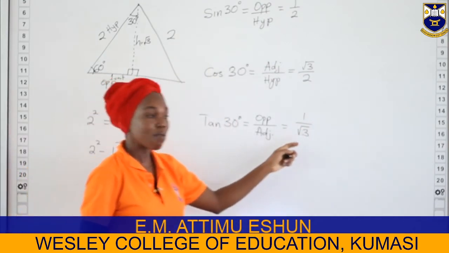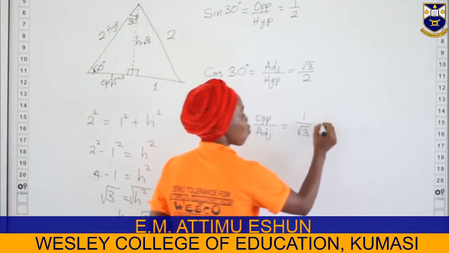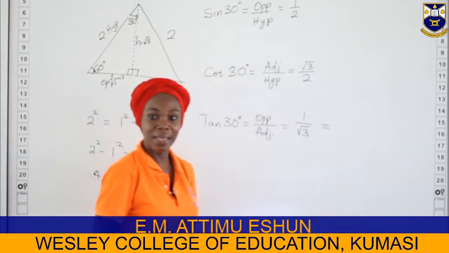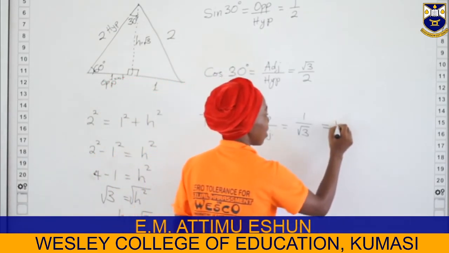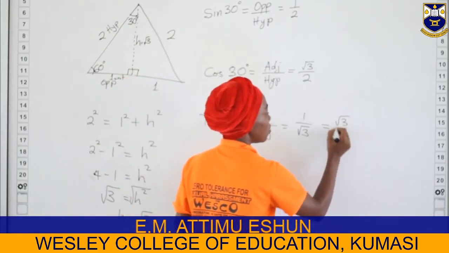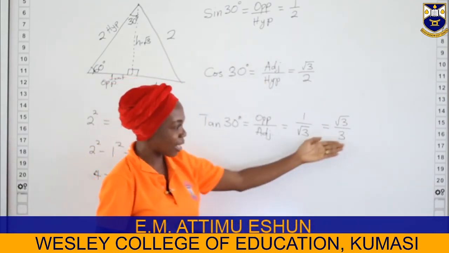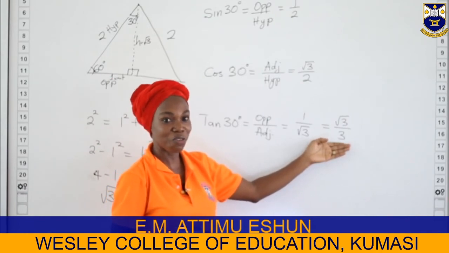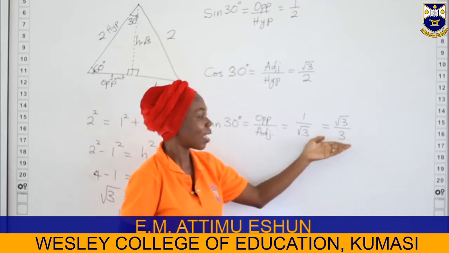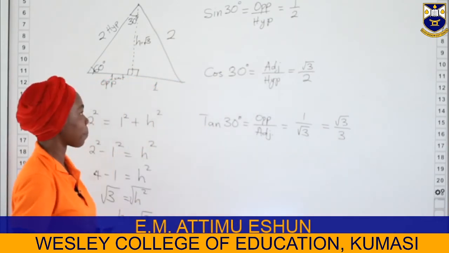Now from your previous lesson from last semester, you realize that 1 divided by √3 is irrational, and so you can rationalize it and your value would be √3/3. I am sure you understand how that was done. In case you have forgotten, you will need to revise your notes on sets, and I am sure you remember and pick up from there.